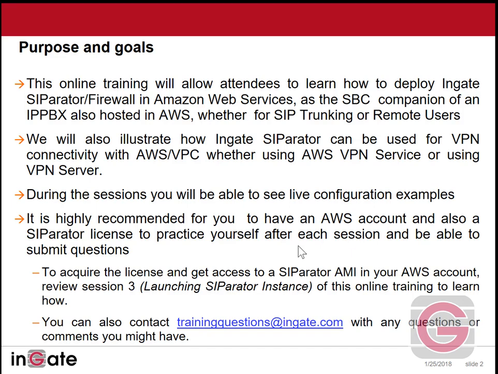And in case you do so, you can also request eGate to provide you with some trial licenses. You just need to email trainingquestions@engage.com, or you can even email sales@engage.com.